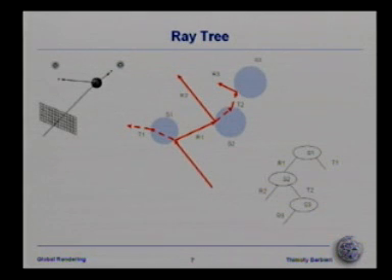So you see, I can go on as many times as I want. It depends on how many objects I have. The idea is that for every cast ray, you have an associated ray tree, which gives you the sequence of objects which are involved and why.